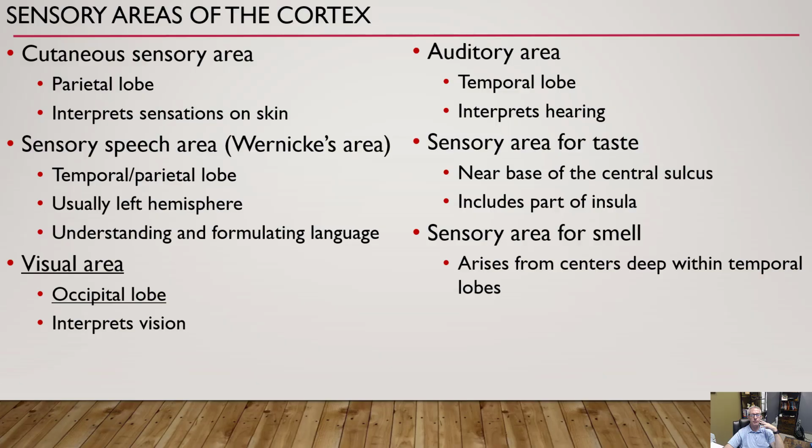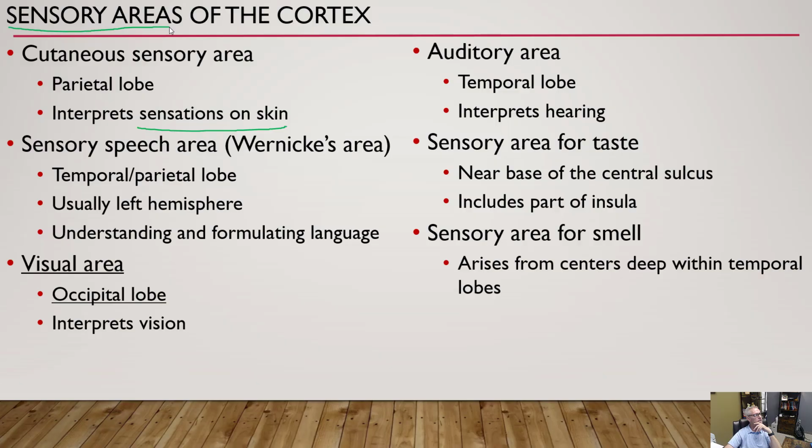All right, so for some of the sensory areas, we have this cutaneous sensory area. Cutaneous, remember, means skin. It's located in the parietal lobe. Because it's skin, it interprets sensation on the skin. Remember, we're talking about sensory areas right now.